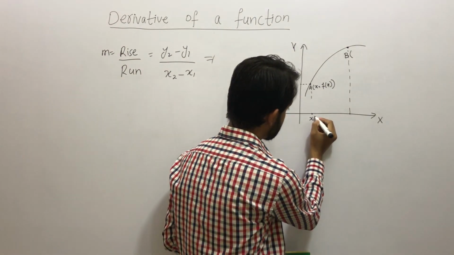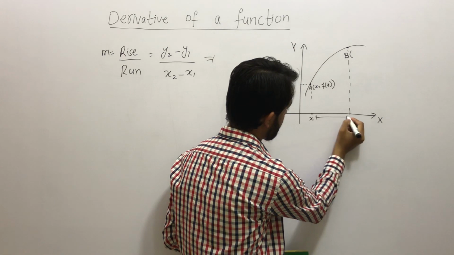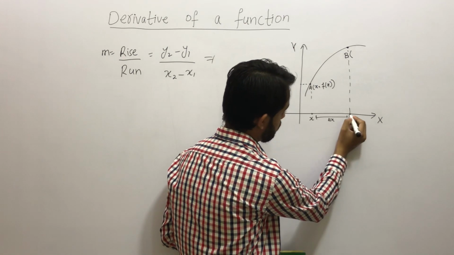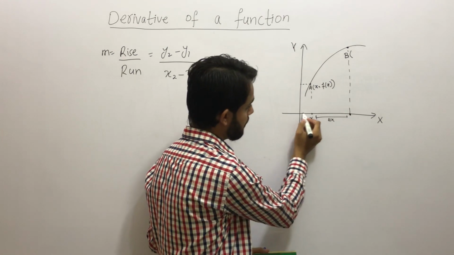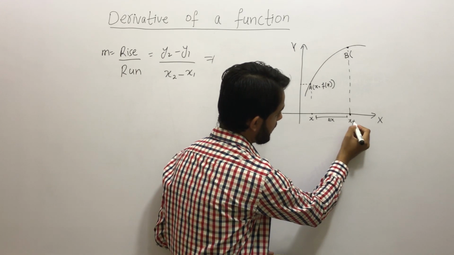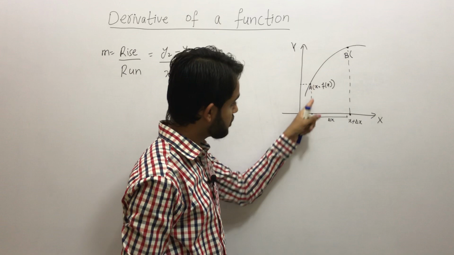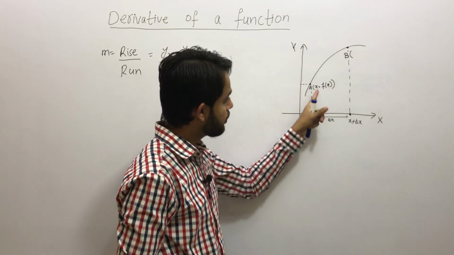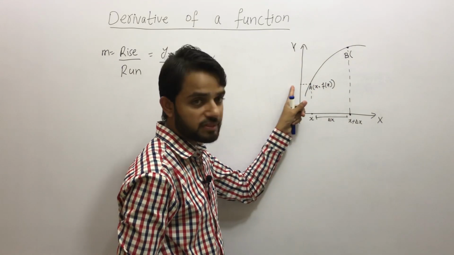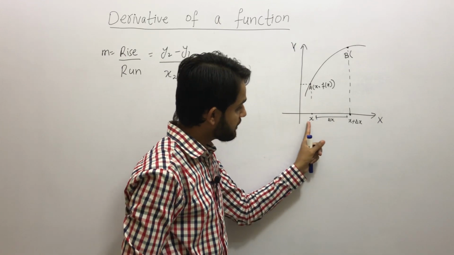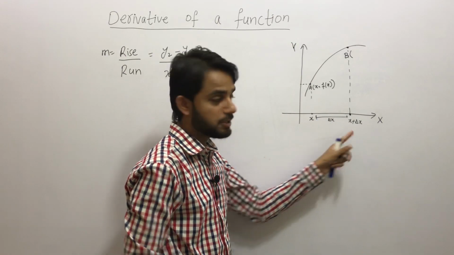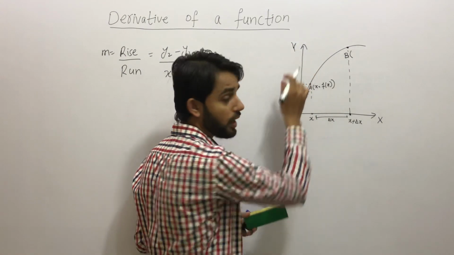We say that the distance from here to here is delta x. So the total distance from here to here would be x plus delta x. Once the position on the x coordinate was x, your y was f of x. Now if you look, once there is a change on the x axis, it means that there is going to be a change on the y axis as well.